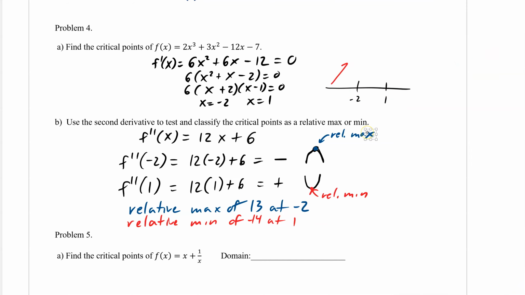So we know it would be increase and increase and decrease, making this a max and making that a min, just like we have down here. So if you don't want to look at it graphically, you want to do it purely algebraically, take the derivative, take the second derivative, plug those critical numbers into the second derivative, and it'll tell you if they're maxes and mins.